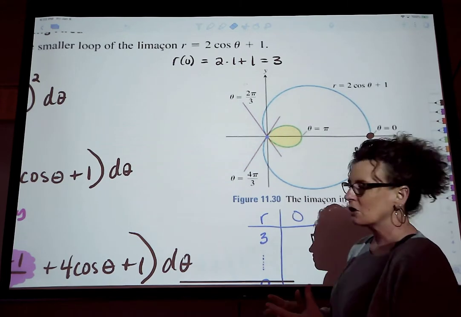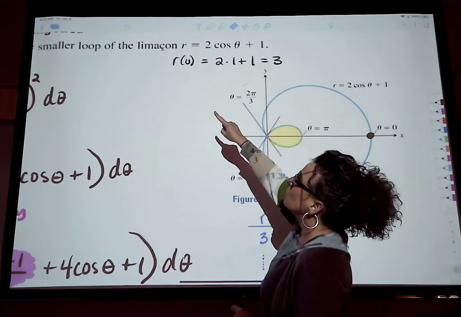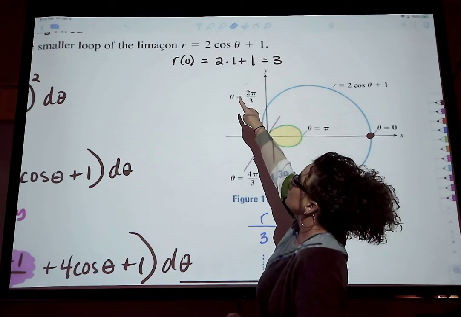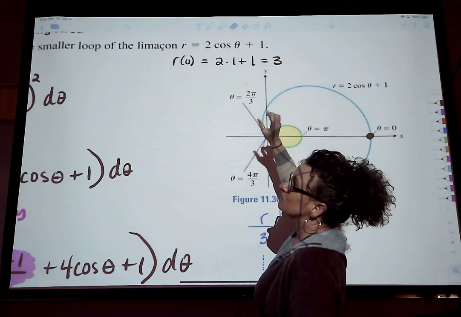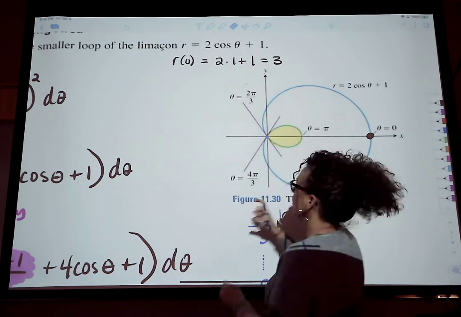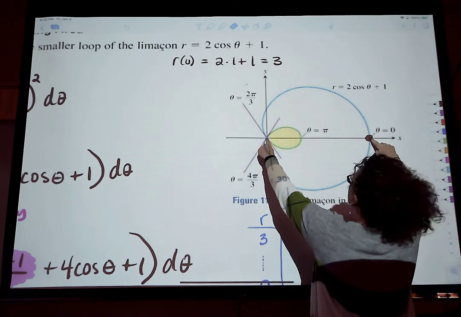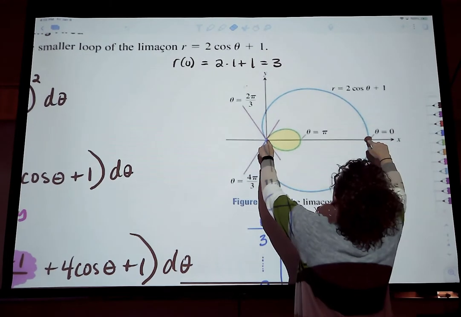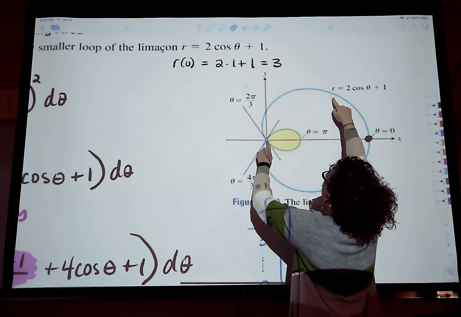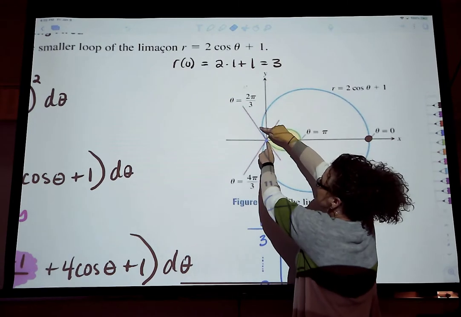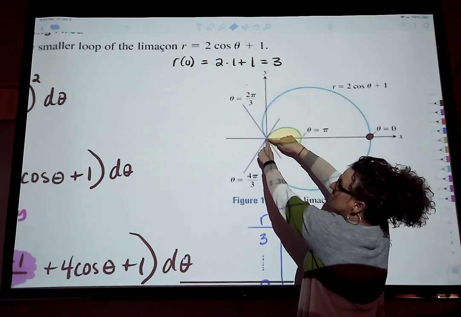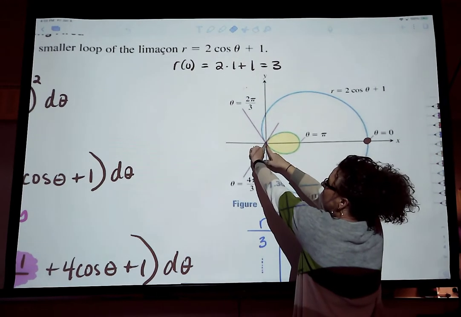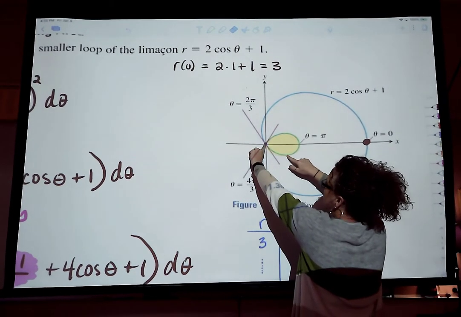Where do I want them to start? Well, when theta is 0, if you sub in 0, you get 2 times cosine of 0 plus 1. So R is 3 to start out with. So when theta is 0, this length right here is 3. And you can see that the length is going to change and change and change until the length becomes 0.